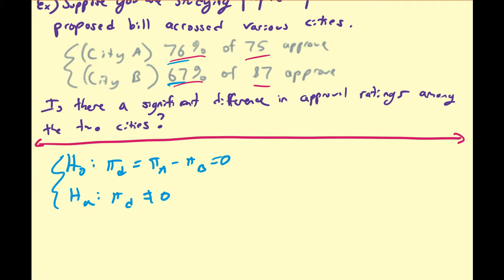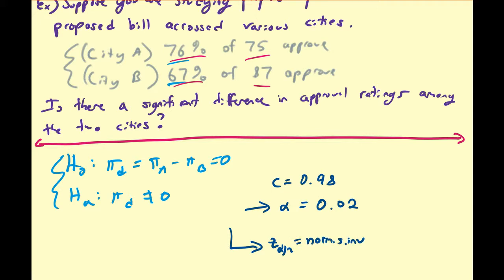Let us also work with a 98% level of confidence here. That implies that our level of significance is going to be 0.02. One may find the z-critical value, z alpha over 2, in Excel by using norm.s.inv.